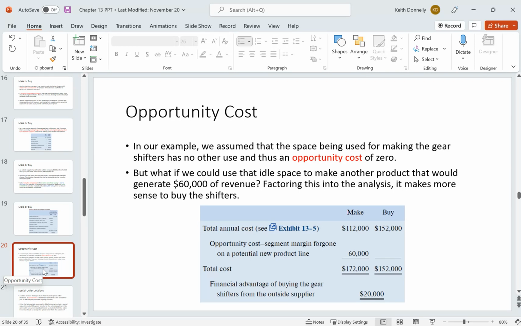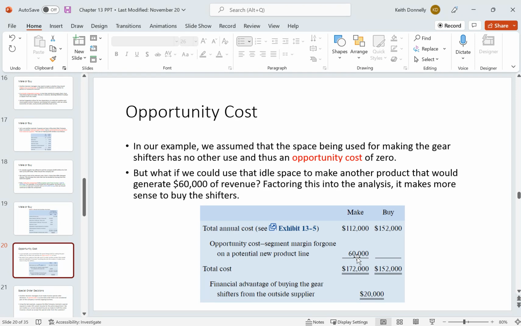However, let's say that if we could use the idle space to make another product that would generate $60,000 of revenue, and we counted this, namely the opportunity cost, then it would make more sense to buy the gear shifters. In other words, if you make it here, then you miss out on the opportunity cost of $60,000 in additional revenue because you're utilizing that space in the factory.